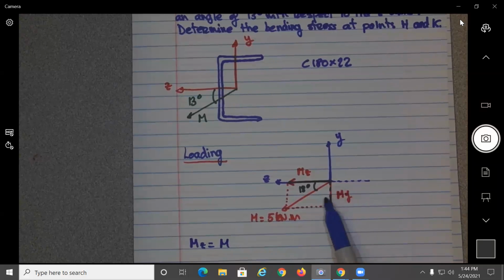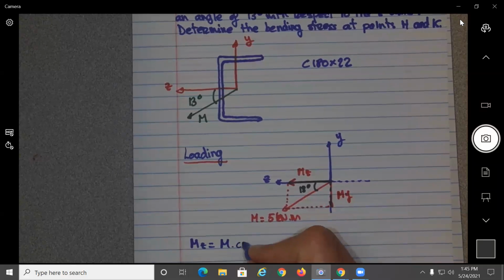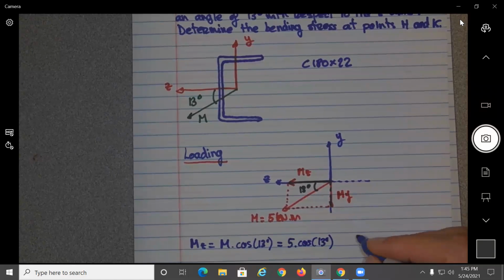So what would that be? If we know M, the adjacent will be cosine of the angle, which is for us 13. So this will give us 5 times cosine 13, which I have the result is 4.87 kilonewton meters.